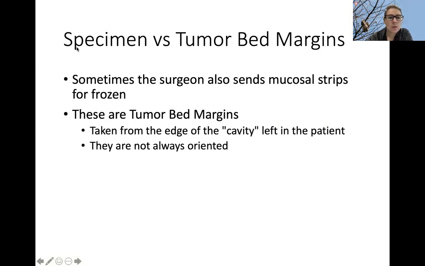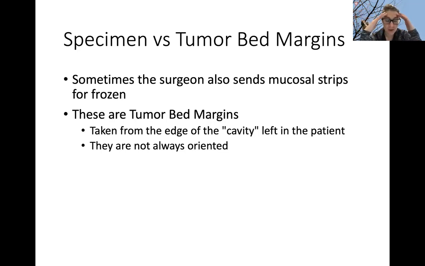Okay, so what does it mean when we talk about the main specimen versus the tumor bed margins? What we have just discussed are the main specimen margins, okay? We do that because we get the advantage of seeing where the tumor is and seeing where it's closest. They only can palpate, right? They're not cutting into tumor. They don't want to cut into tumor.